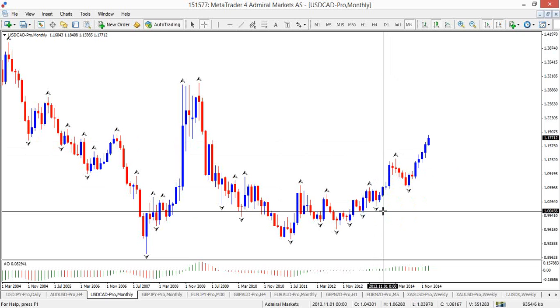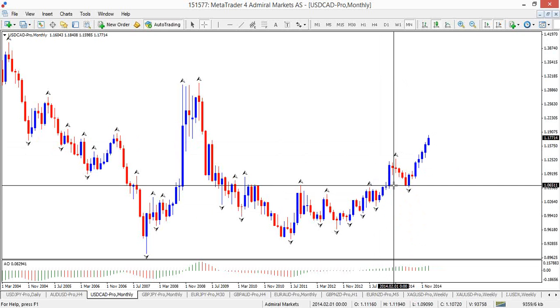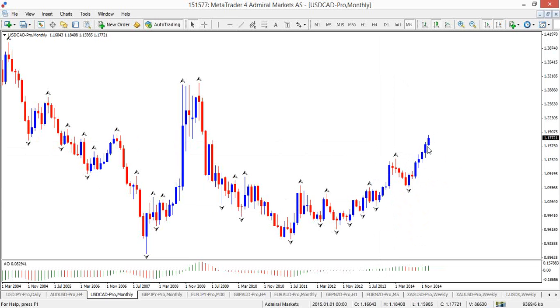The open right here at 106, that means about a 1,000 pip candle, so the close is within 5% of the candle.